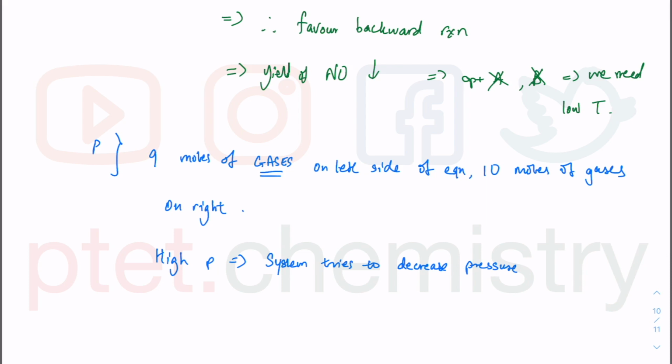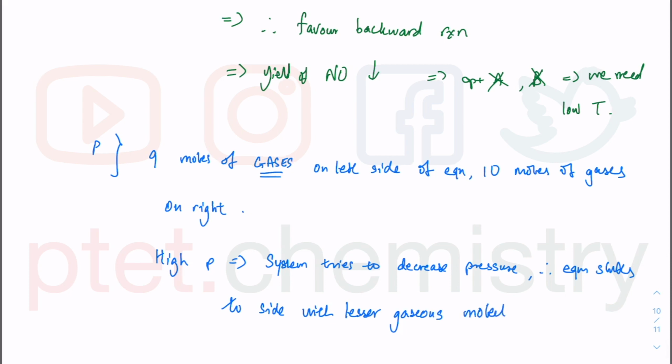So equilibrium will shift to the side with fewer gaseous molecules. Looking at our counting exercise from before, that is going to be to the left. And when that goes to the left, therefore, the yield of NO will decrease.